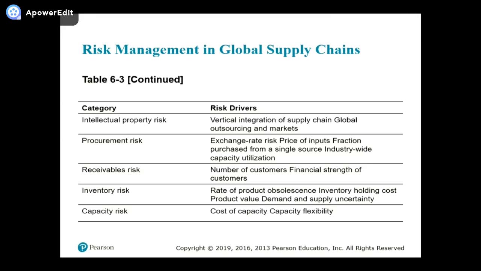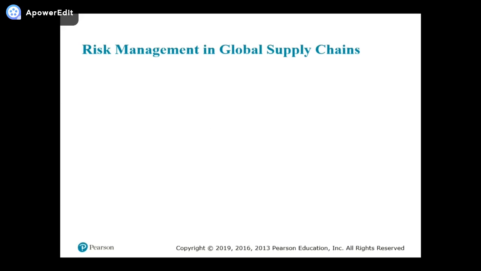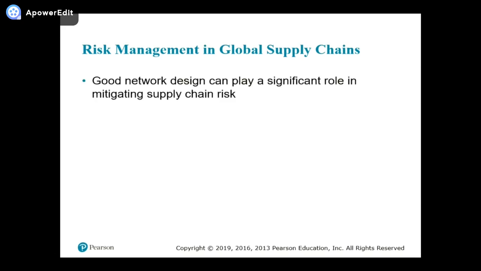And also capacity risk, if we build capacity flexibility, there could be a very high cost involved. So there are many types of risks in supply chains, and based on each different scenario, we need to devise risk mitigation strategies accordingly.